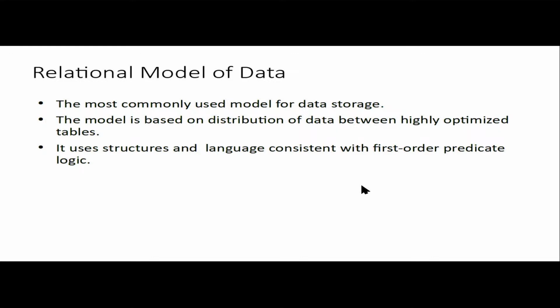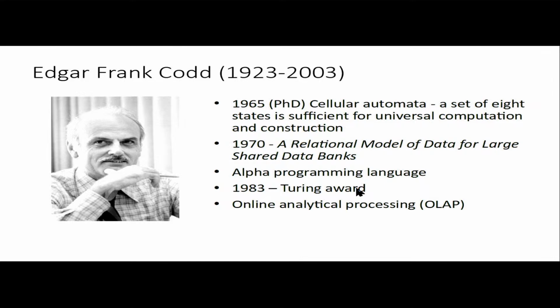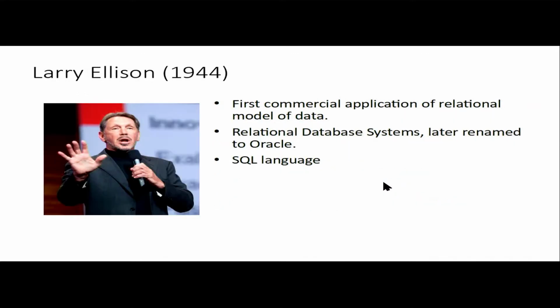It uses highly optimized tables and the largest language structure consistent with first-order predicate logic. It was developed by Edgar Codd in 1970. In 1983, Codd obtained the Turing Award for this, and it was commercially applied in relational database systems, for example Oracle, and the language used is SQL.